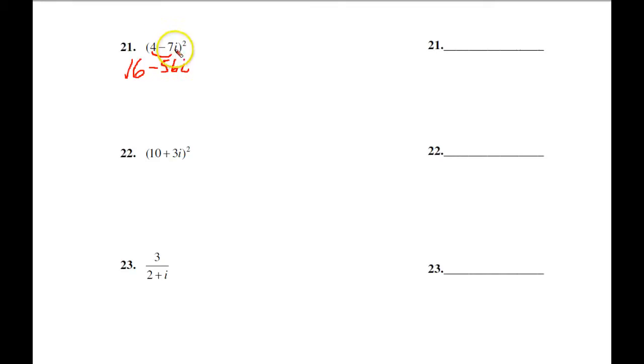Square this last term, that's going to be a positive 49i squared. But i squared is a negative 1. So for this one, a negative 49, and this gives me a negative 33 minus 56i.